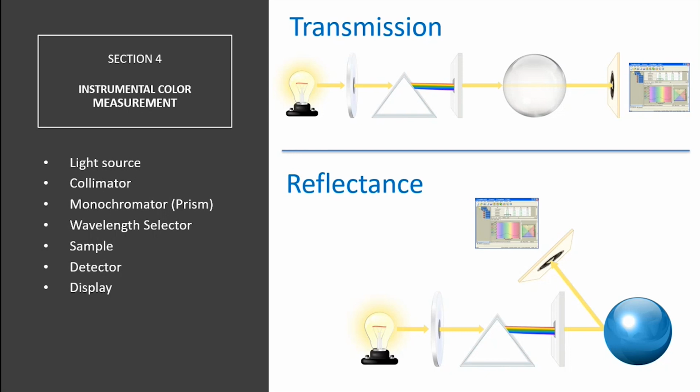They have a light source, they have a collimator that collimates the light into a monochromator, in this case the prism, which then breaks the light up into its constituent components, into a selector. And then the wavelength selector selects the wavelength that we want to use to measure the sample. And at the end, we have a detector and the results output to a display. Same for both reflectance and transmission. All spectrophotometers pretty much follow along the same lines.